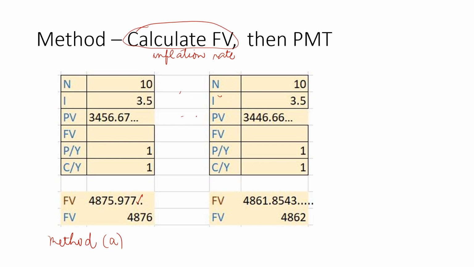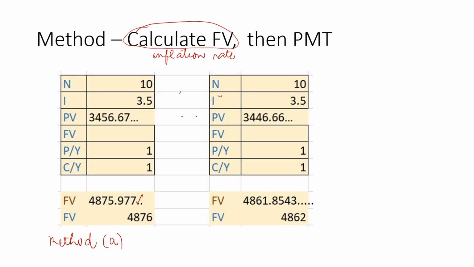You can find the FV by using the present value that we have gathered from the beginning, from A, which is either 3456.67 or 3446.66. So we got this future value. Either of these two can be used. And I will not explain anymore why there is a $10 difference. You can go back to our previous solution.